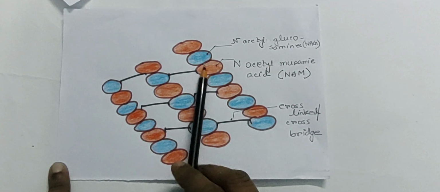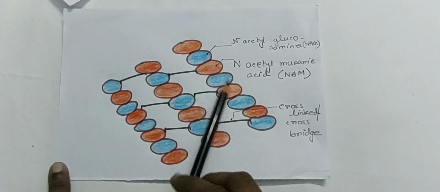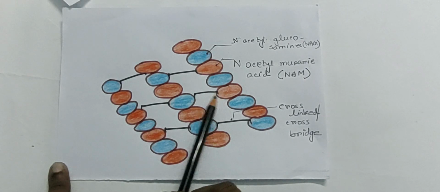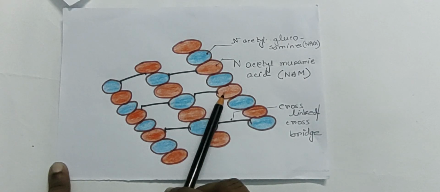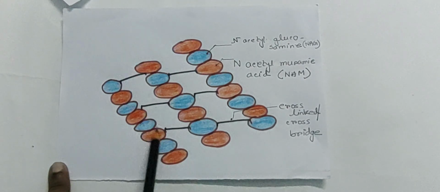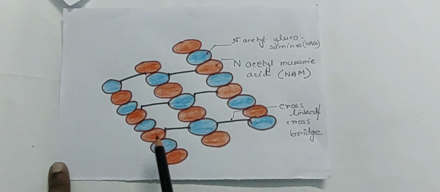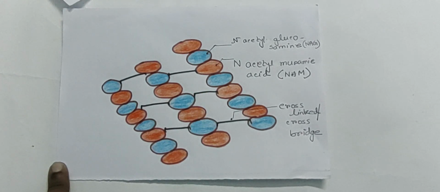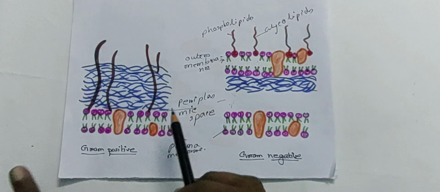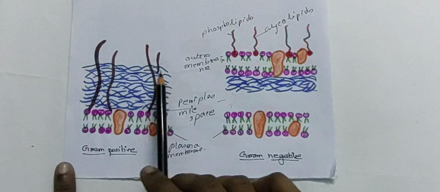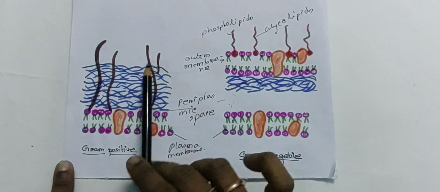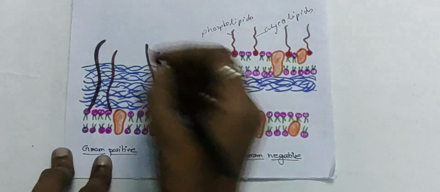These are alternately arranged and form a chain, and those chains are linked by a cross bridge protein. That's why the cell wall of the bacteria is very rigid and gives protection to them. Along with the thick peptidoglycan layer, gram positive bacteria also possess a structure called teichoic acids.